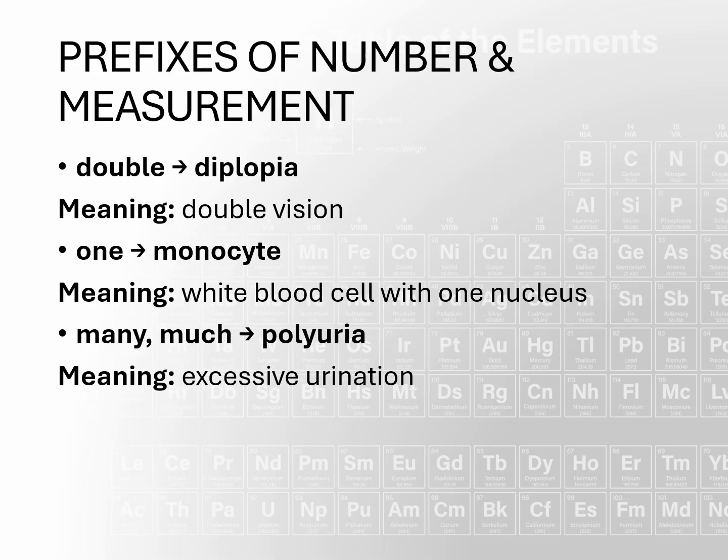Here are some examples. Diplopia, which means double vision. Monocyte, which is a white blood cell with 1 nucleus, 1 cell. Polyuria, which is excessive urination.